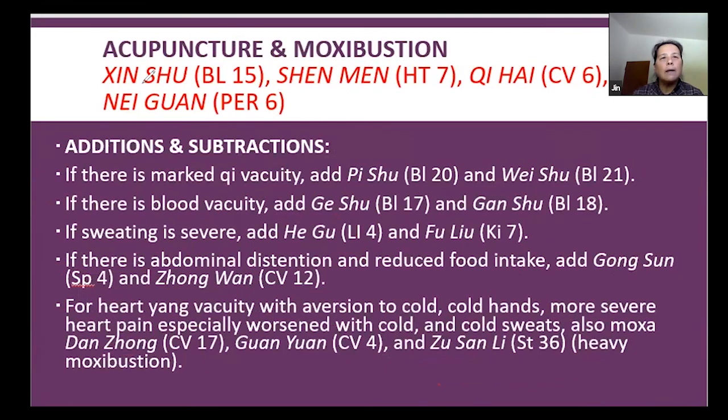And for acupuncture, basically, we still use pretty similar points, and the modifications of the points are still pretty similar here. For middle jiao abdominal distension, we can go to spleen 4 and Ren 12, pretty good points to regulate the middle jiao.